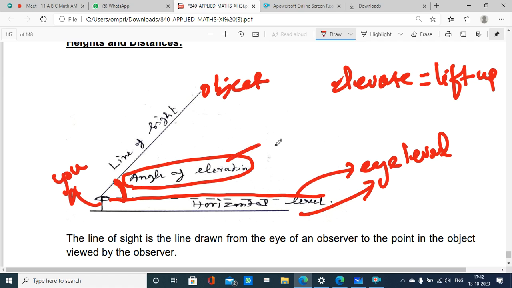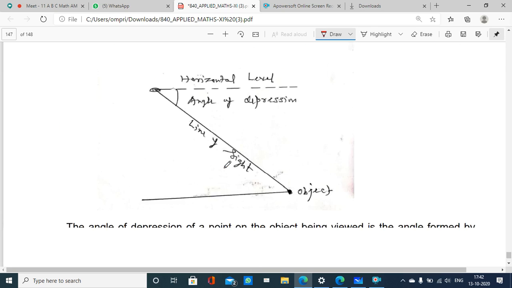Because this much angle is by which you have to tilt your head in order to look at the object. Clear? That's why it is called angle of elevation. Are we clear on this so far?